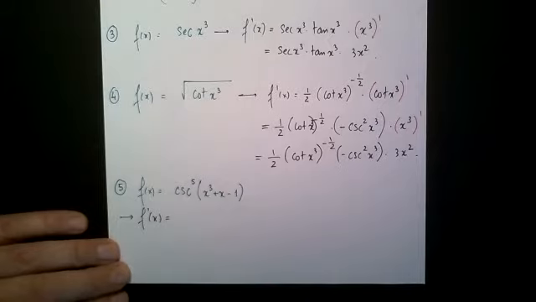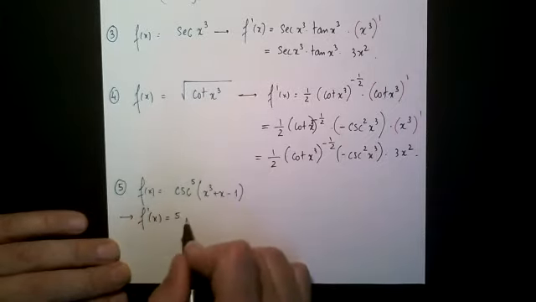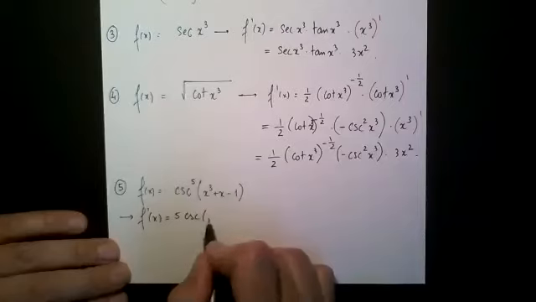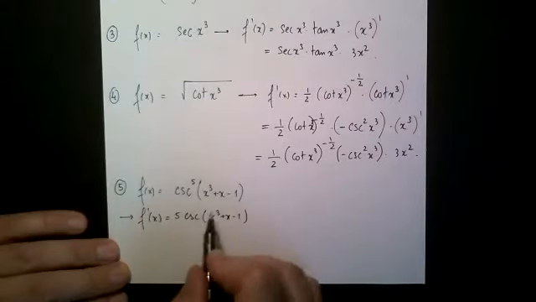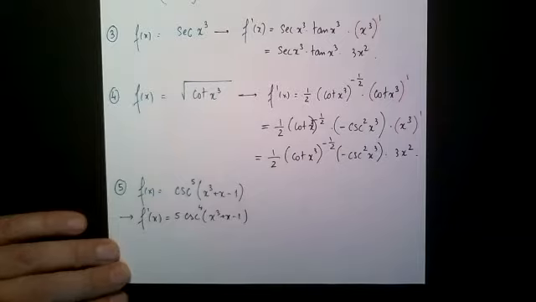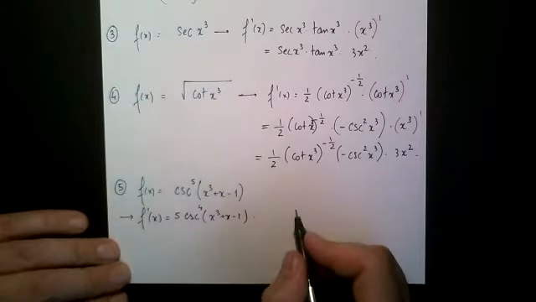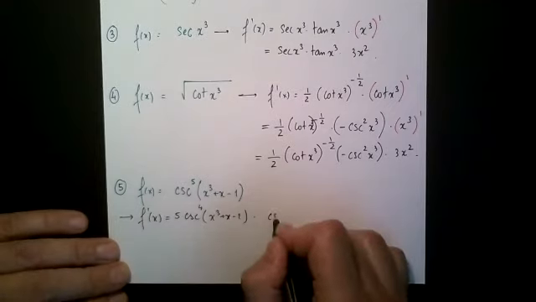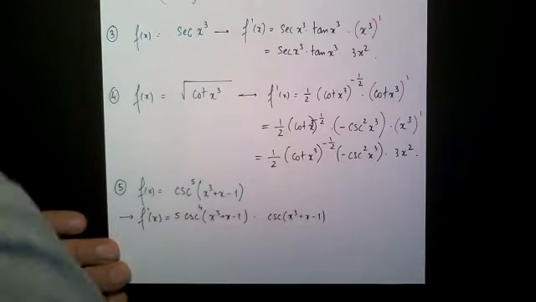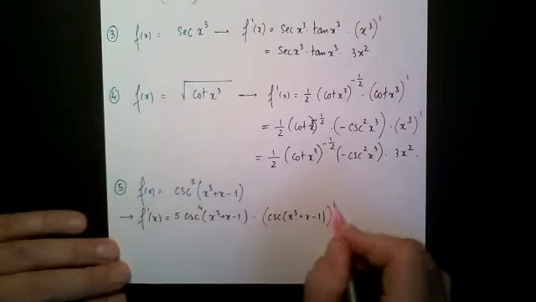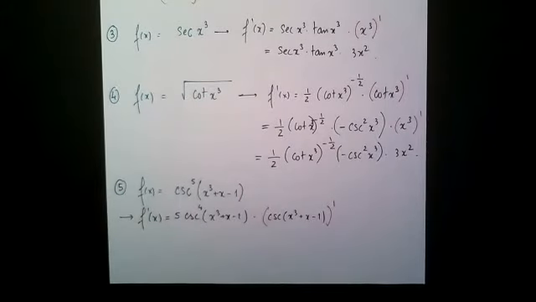We bring the 5 down. Very good. So first you derive the exponent 5. So it's 5 times cosecant of x^3 plus x minus 1, and now instead of being power 5, it's going to be power 4, times the derivative of what's to the power of 5. Well, it's the total cosecant, right? The cosecant of x^3 plus x minus 1. Any questions on this step?